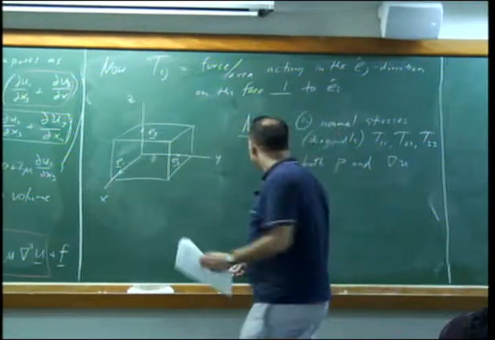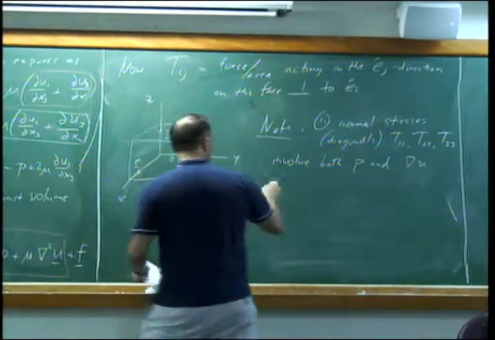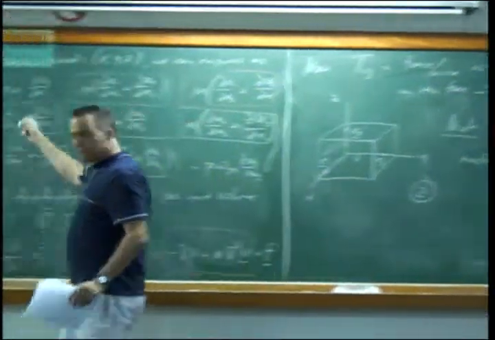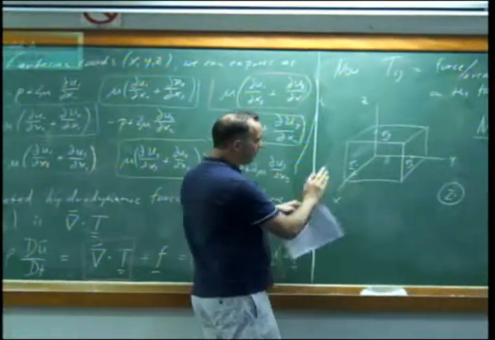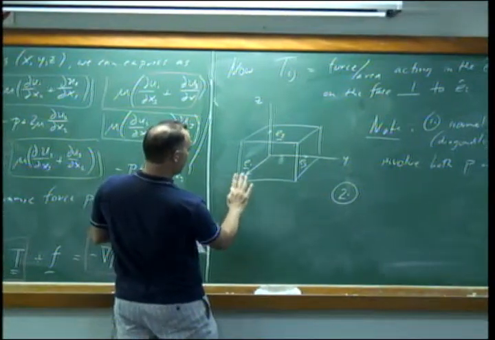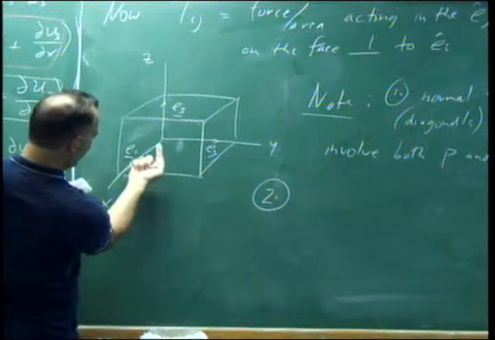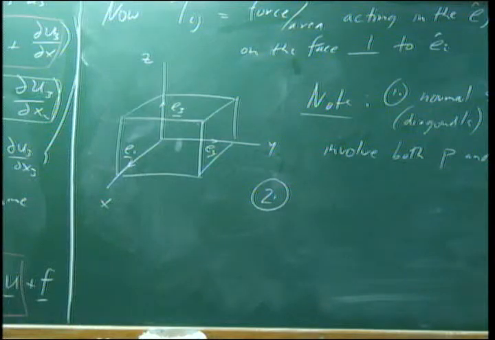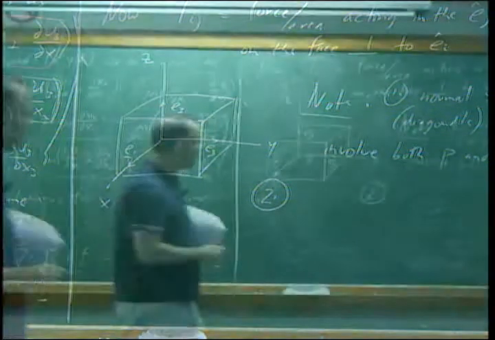Okay? But we see the tangential, conversely, the tangential components, which are these guys. So these are basically indicating, for example, if we think of this box, 1,3. So these are going to be forces acting tangent to the surface. Those don't depend on pressure. They only depend on the local velocity shear. Okay.